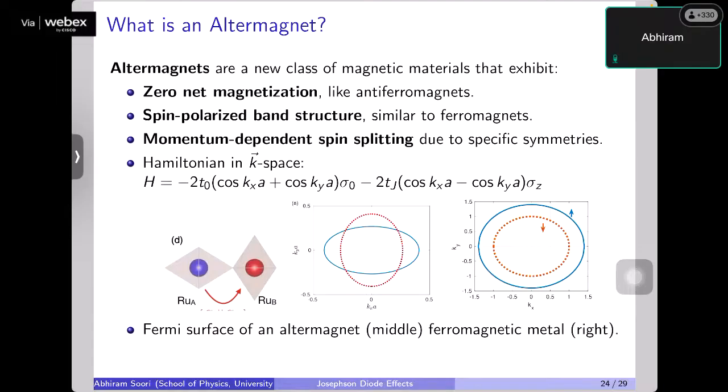You can see that here, right? And the red Ru atom has the downspin electron orbital which is elongated along the y direction. What this results in is that the hopping amplitudes along the x and y directions are different for different spins.